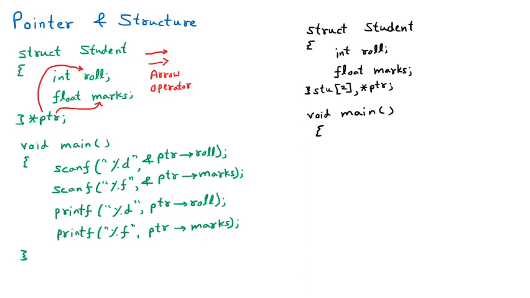So in this example we have discussed earlier that if I have to take the input for the different roll numbers, because we know that there are stu0 and stu1. In the earlier lecture we discussed that roll number is one block and marks is one block, and that is for student 0.